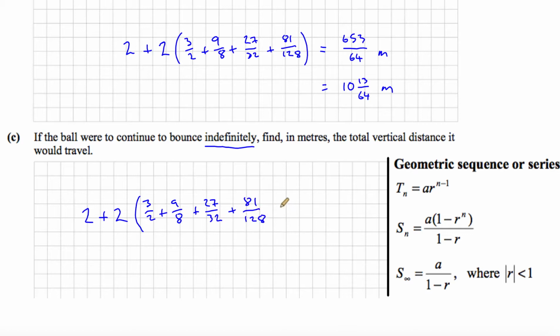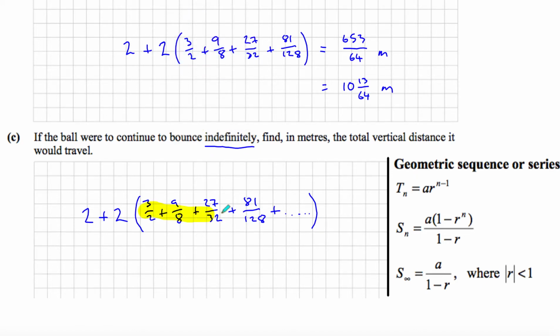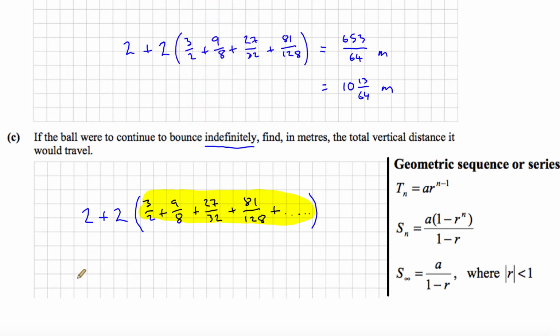But again, remember that this is going to keep bouncing now indefinitely, so it's plus ... and on it goes. So if we treat this part here that I'm highlighting as a geometric sequence, well, then we can find the sum to infinity of that geometric sequence.